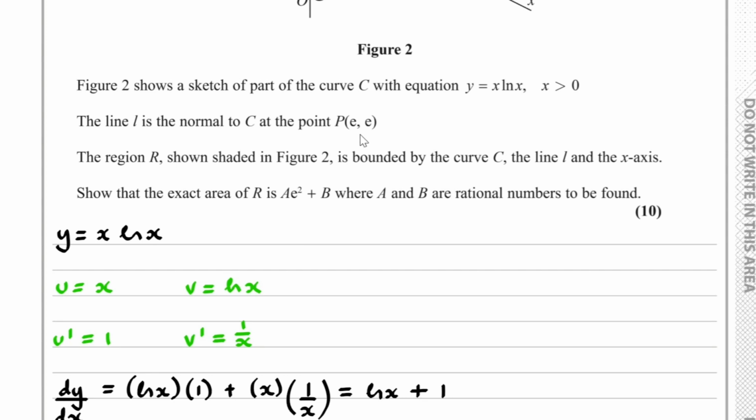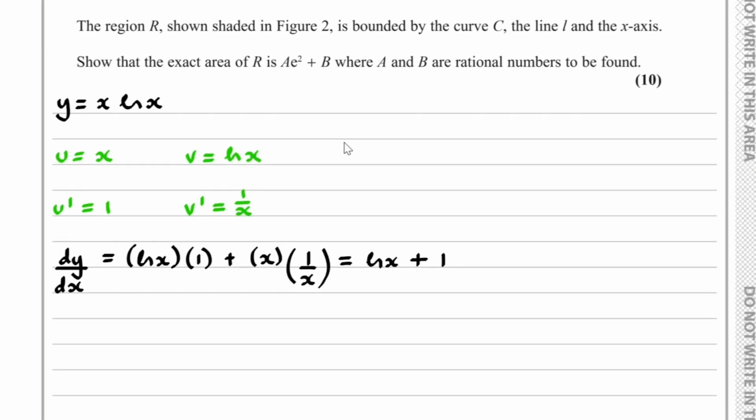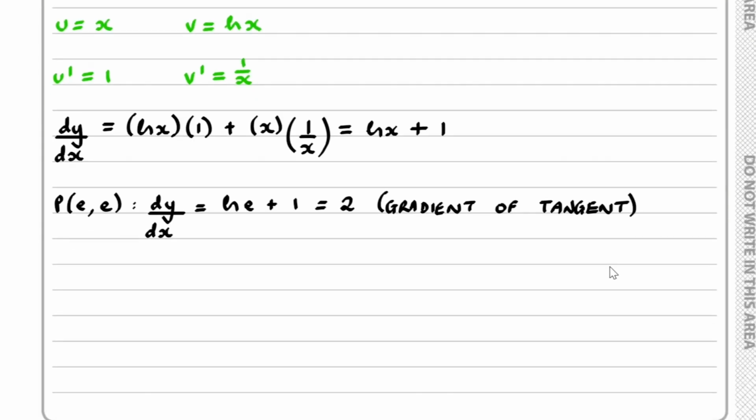Now, if I substitute in the point P, which is E, E, into dy over dx, dy over dx is equal to natural log of E plus 1, which is 2. What does this 2 represent? Well, it would represent the gradient of the tangent.